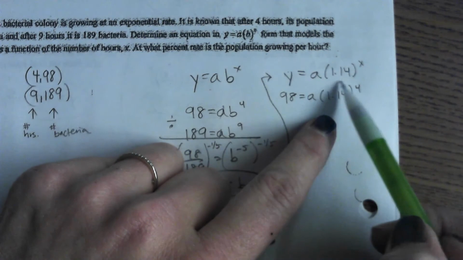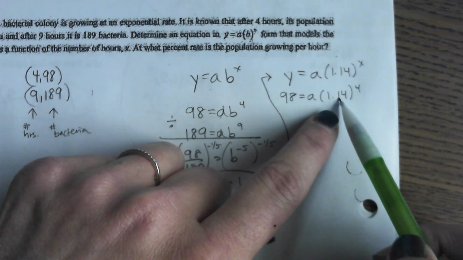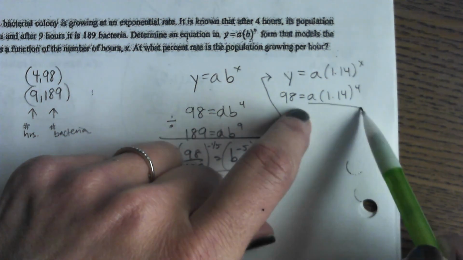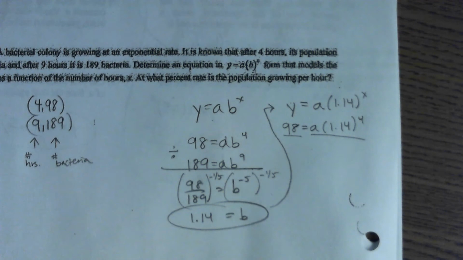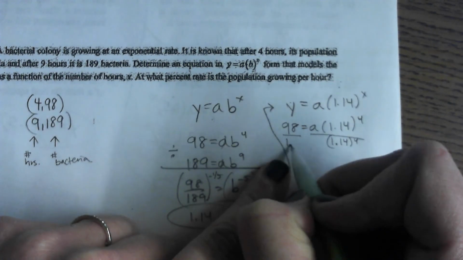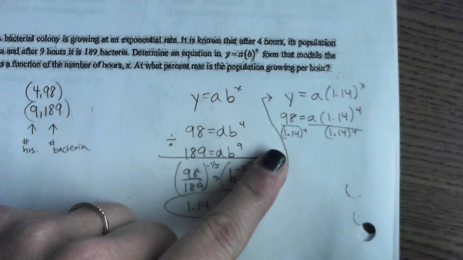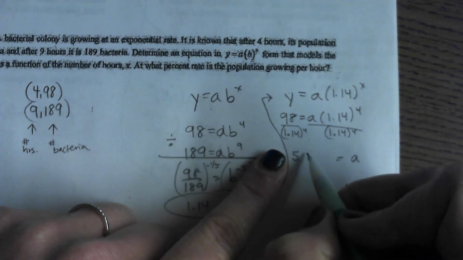They did 1.14 to the fourth power first. That was also an ugly decimal, and so they rounded that. And then they divided both sides by their rounded answer, and that threw it off. Divide both sides by the exact number, so you might as well type it in all in one shot, and you get A equals 58.02.